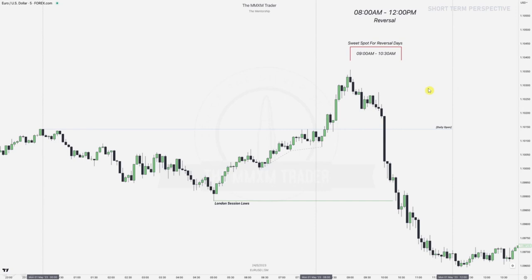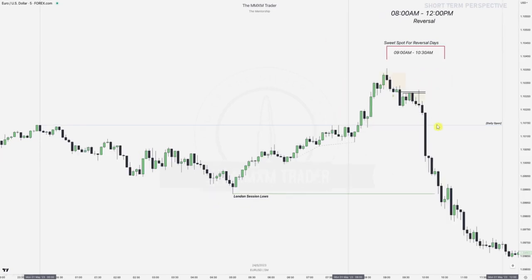So we discussed the stop hunt earlier and now we're gonna discuss this premium array trading lower. So you can see a break of structure above daily opening, right? We are above daily opening price. We are in the kill zone, 9 a.m., sweet spot for that reversal day. And then we can see break of structure down here. In the process of breaking down, we see this bearish order block being formed and a little fair value gap down here also being utilized as support for price to go lower.